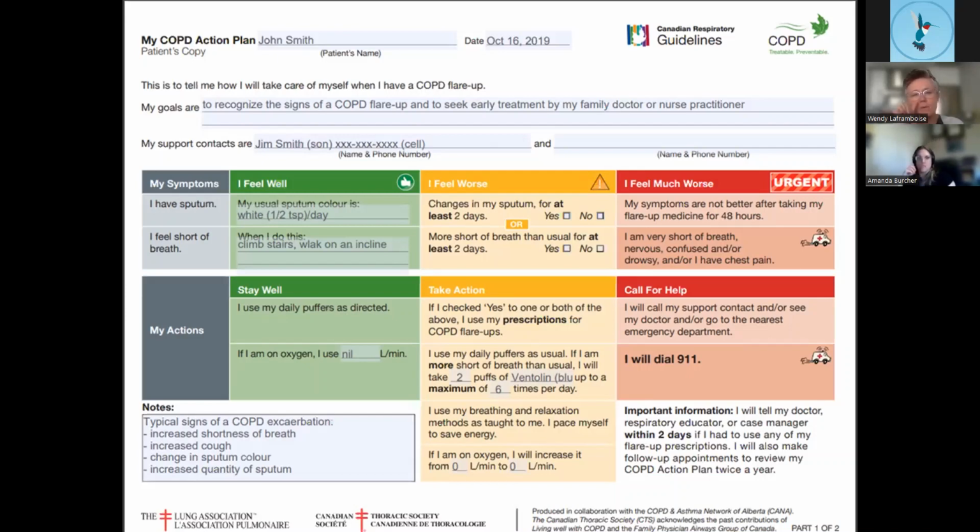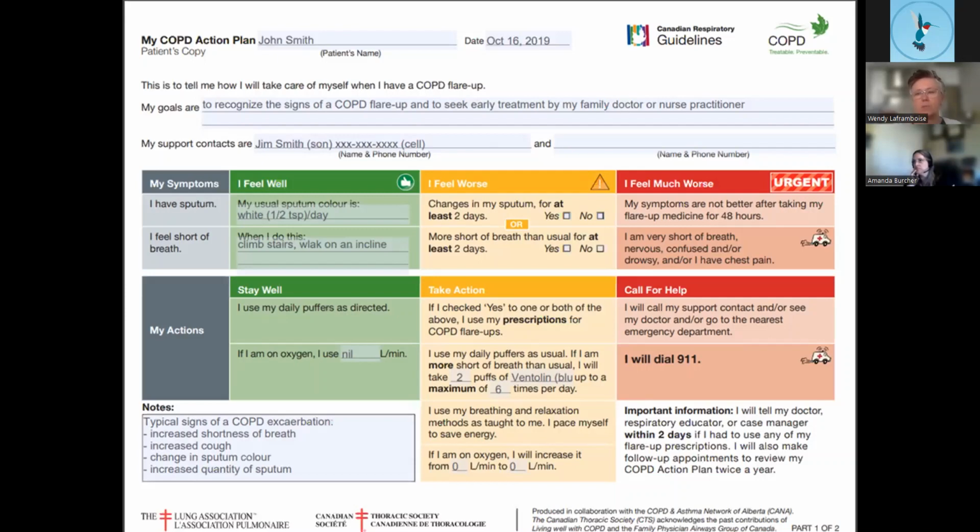And then we talk about what are the symptoms or the signs of an exacerbation: increased shortness of breath, cough, and change in sputum color and quantity. If after 2 days, patients have symptoms of an exacerbation, we encourage them to use their prescription for prednisone with or without antibiotics.